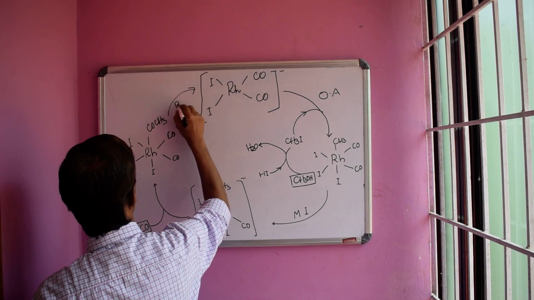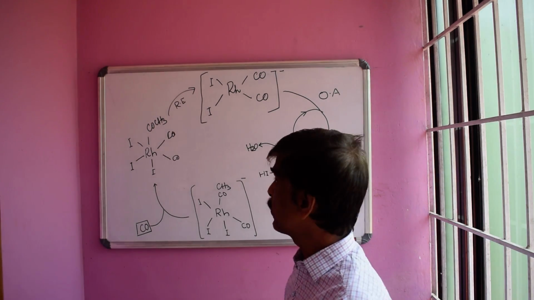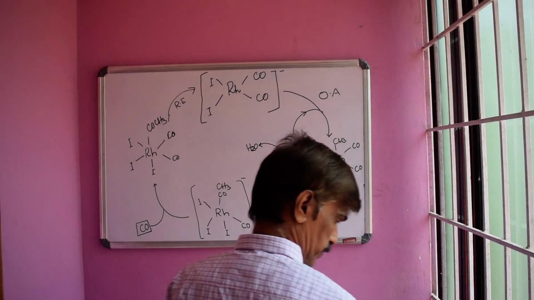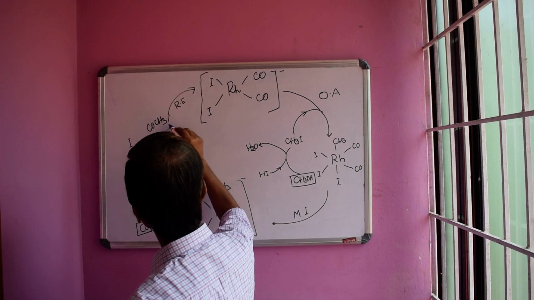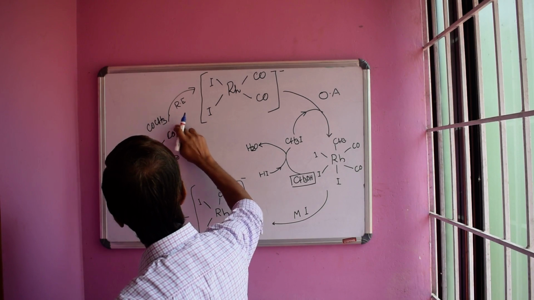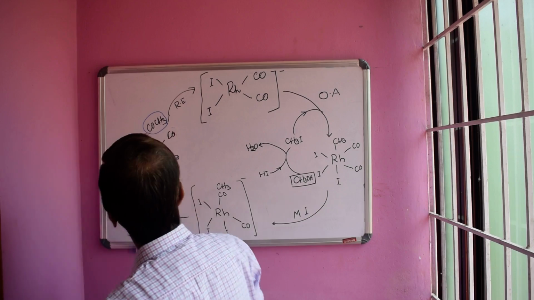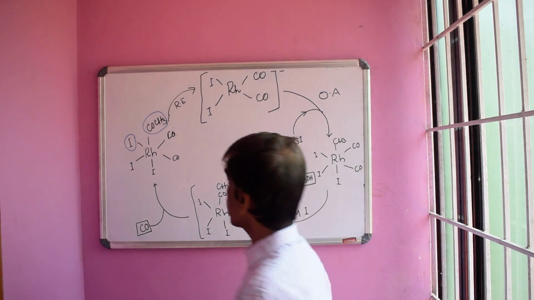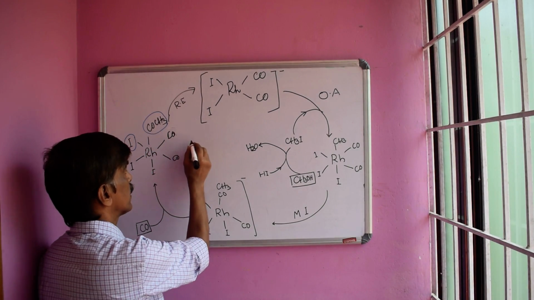is the reductive elimination. In the reductive elimination, the two species that combine are CH3CO and I, cis to each other. CH3COI is the species that is eliminated.